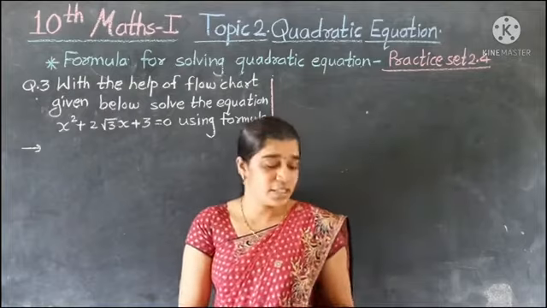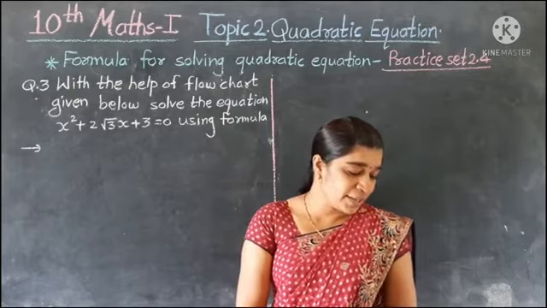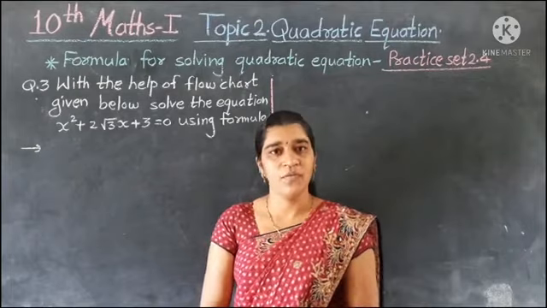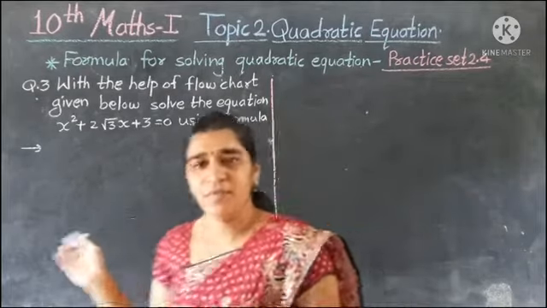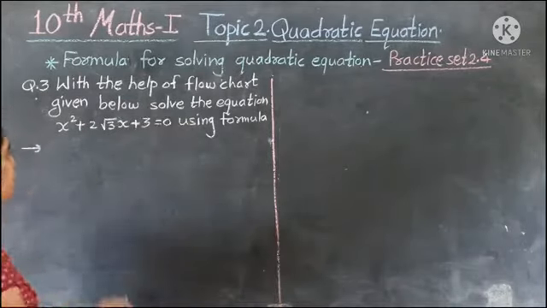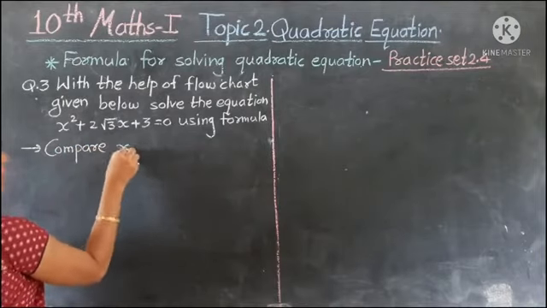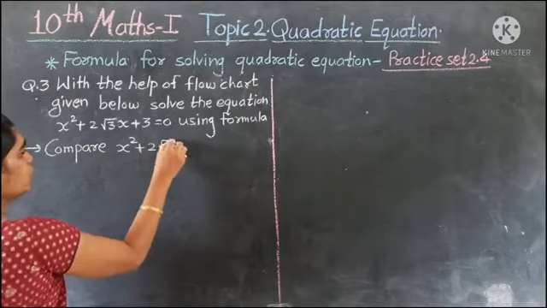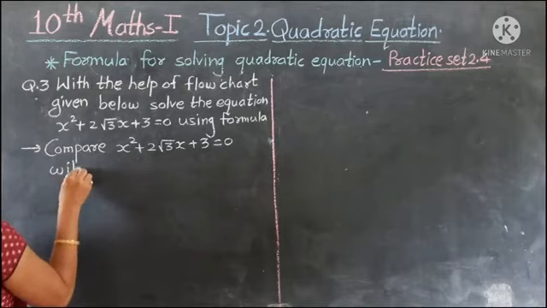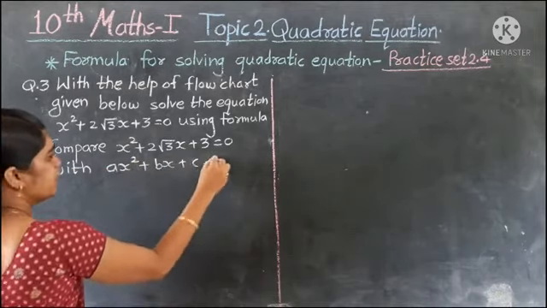What are the given flow charts? See in the textbook page number 44. The first flow chart is given. Compare the equation with ax square plus bx plus c is equal to 0 and find the values of a, b, c. So compare x square plus 2 root 3x plus 3 is equal to 0 with ax square plus bx plus c is equal to 0.